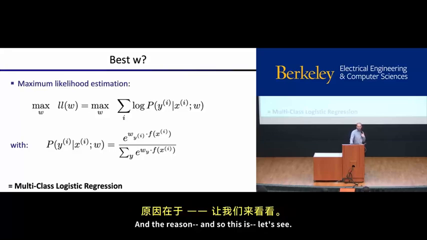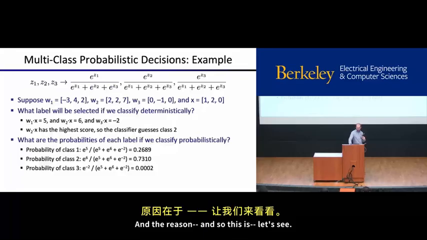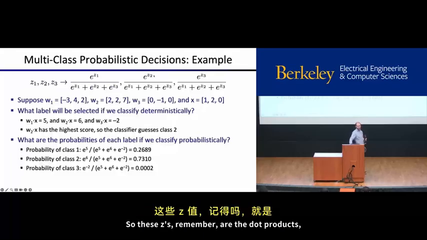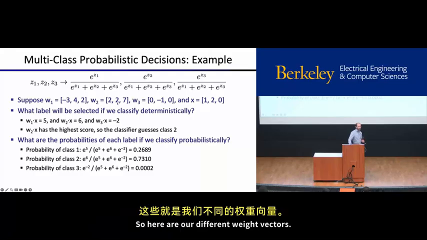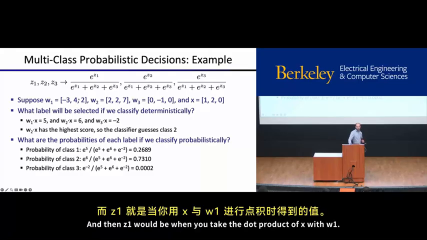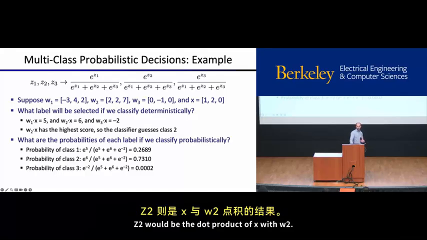Yeah. And that's because of this. So these z's, remember, are the dot products of the feature vectors with the various different weight vectors. So here are our different weight vectors. And then z1 would be when you take the dot product of x with w1. z2 would be the dot product of x with w2.